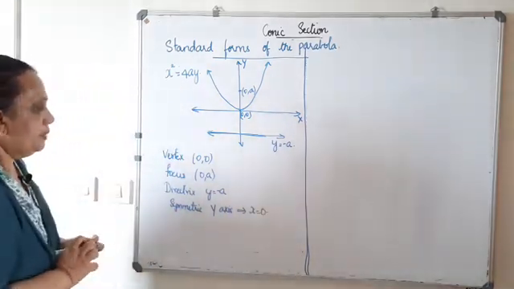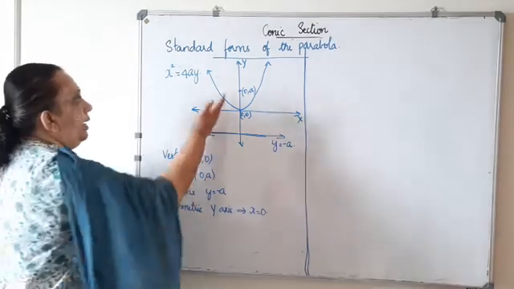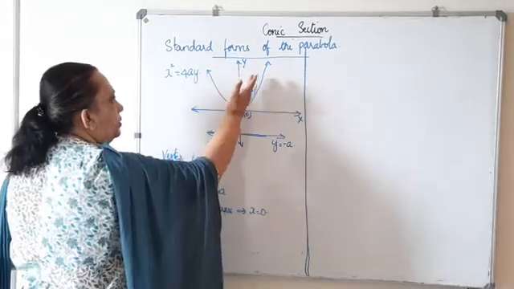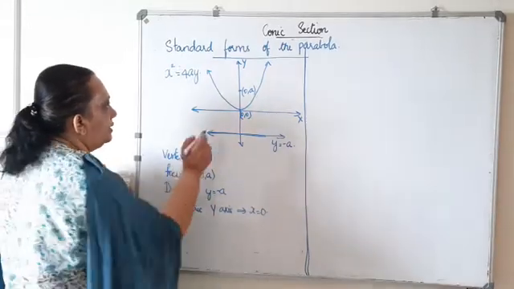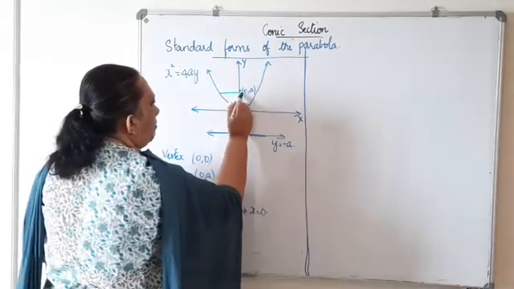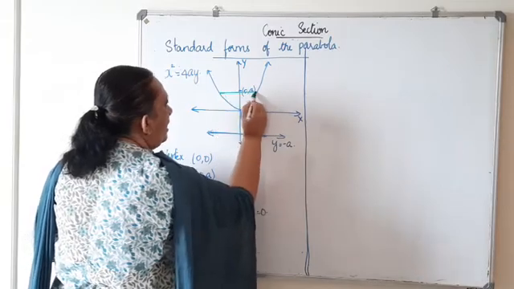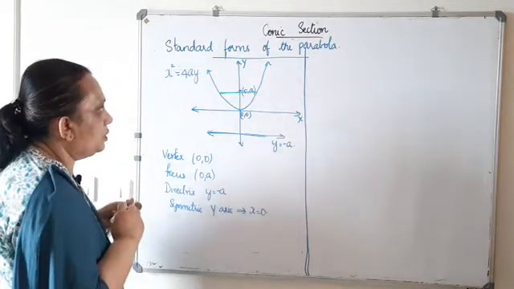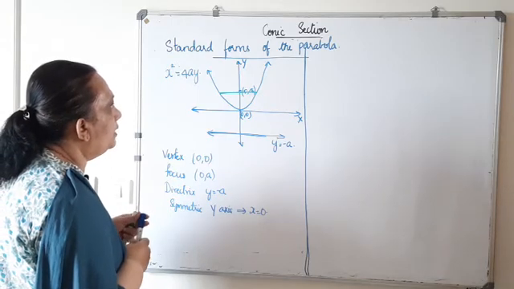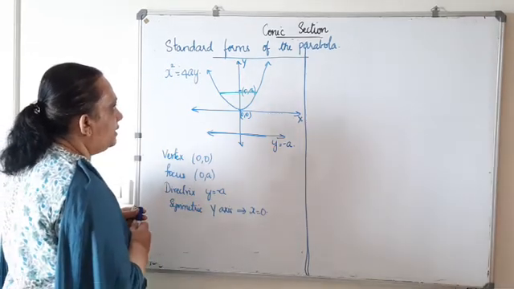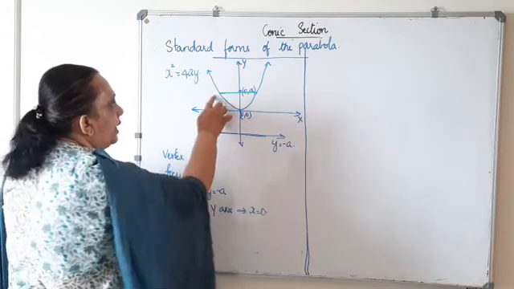Symmetric with respect to the y-axis means the area to the left of the y-axis and the area to the right of the y-axis are equal. It also has a latus rectum. What is meant by latus rectum? The latus rectum is a line segment that passes through the focus, perpendicular to the axis, and whose endpoints lie on the parabola.